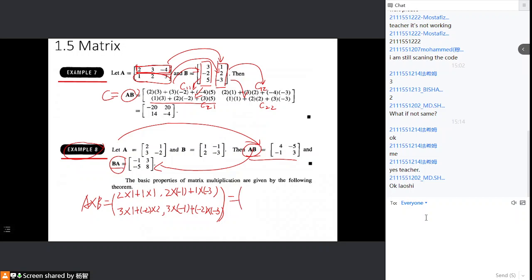So we get, oh sorry, this is 2. So we get 4 and -5 and -1 and 3. Is that right?